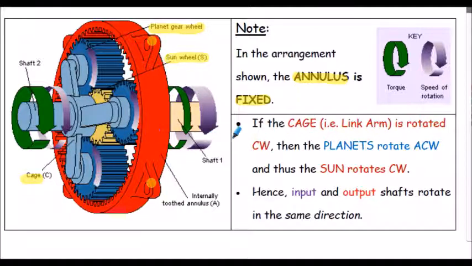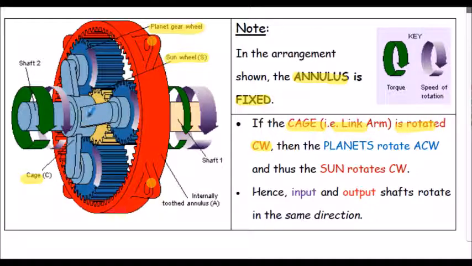If you look at these, the sense of which way the gears are going, clockwise or anti-clockwise, can be quite difficult to visualize with epicyclics. So you'll see later on we will let the mathematics decide the overall directions of the gears. But in this example here, the cage, or the link arm, is rotating in a clockwise direction.